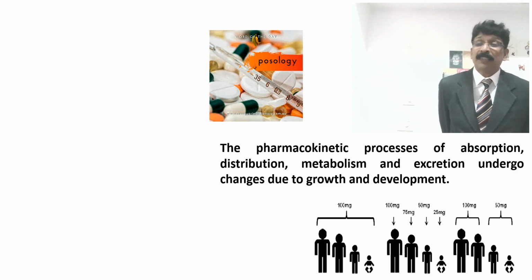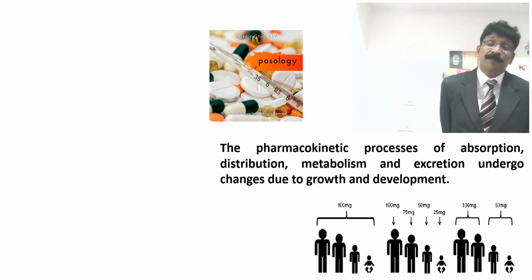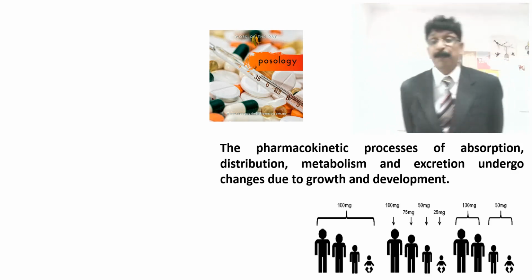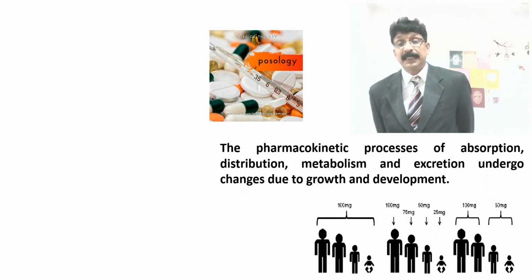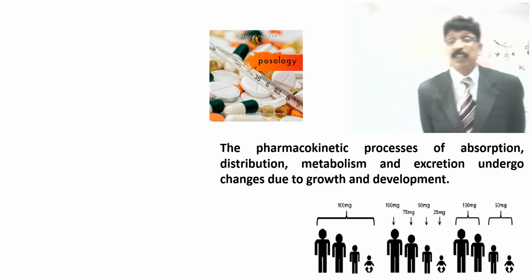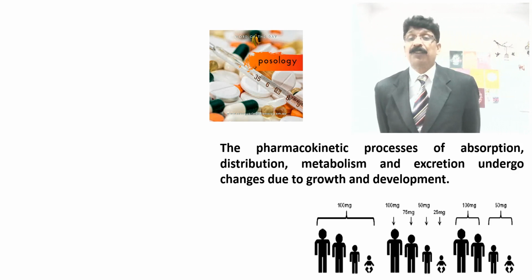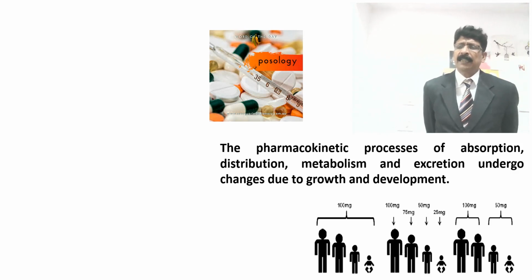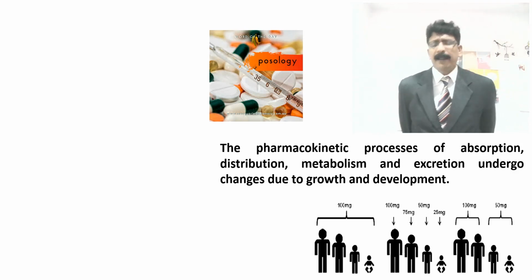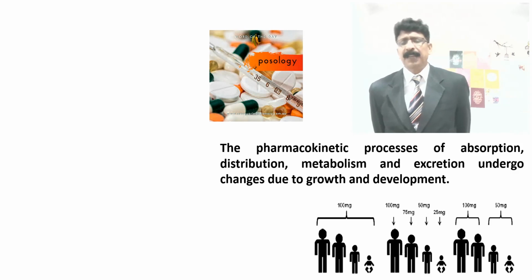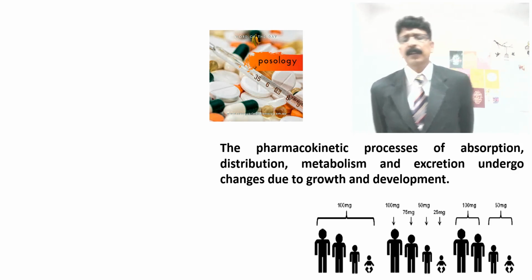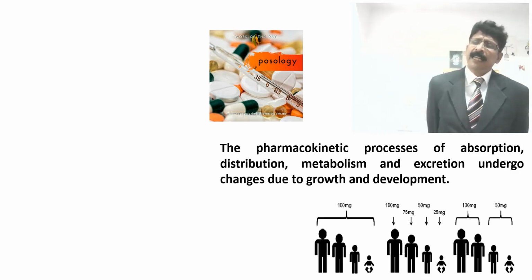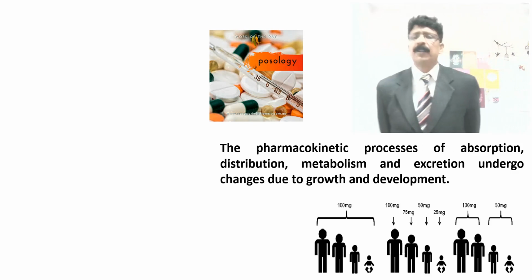For example, pediatric dose and adult dose: the adult dose will be more and the pediatric dose will be less, because the distribution, metabolism and excretion will change according to growth and development. The development of the heart, the liver, and various parts in the child and the youngsters will be different, and it will be different for pregnant women, for adults and for children. So that's why the dose is different.